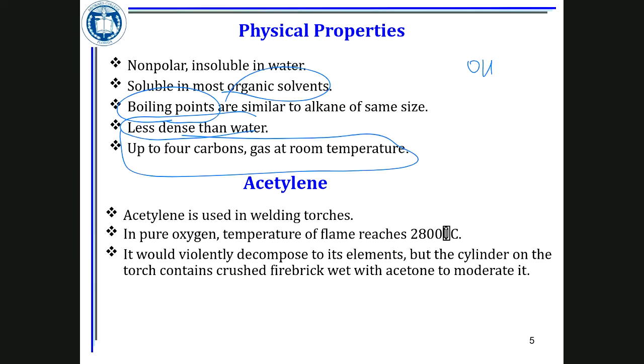Uses: acetylene is used in welding torches. It can produce up to 2800 degrees Celsius. Why is it so highly exothermic? It produces lots of heat because you are breaking pi bonds, and you're adding sigma bonds to that, so it gets highly exothermic and produces lots of heat.